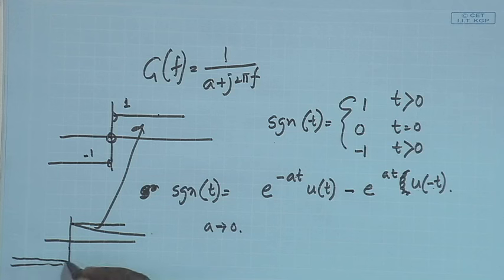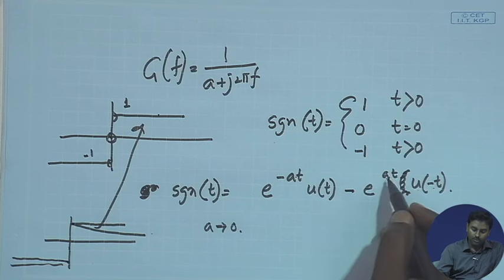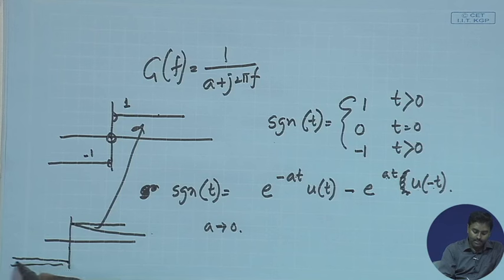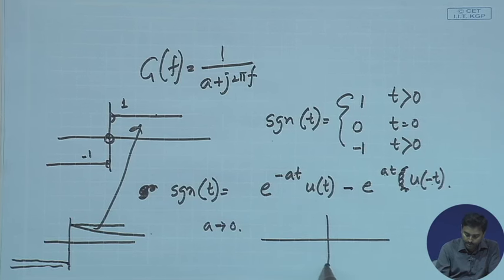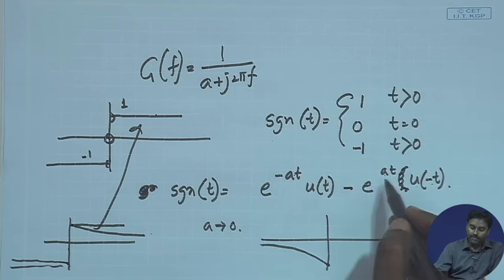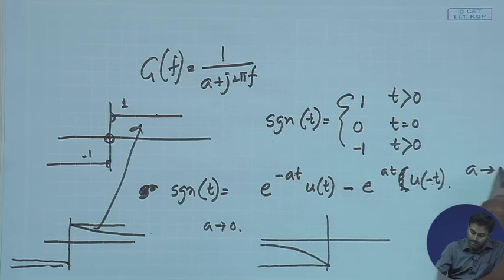Okay, very slowly decaying. If I just put some finite value of a, then e to the power a t will, as t increases, be decreasing, almost similar to this. Here from minus 1 it will be actually increasing, and at t equal to infinity it will go to 0. So, on the negative side it will start from minus 1 and go to 0, but if a tends to 0, this will almost become flat. So, this particular function, as a tends to 0, almost mimics the signum function.